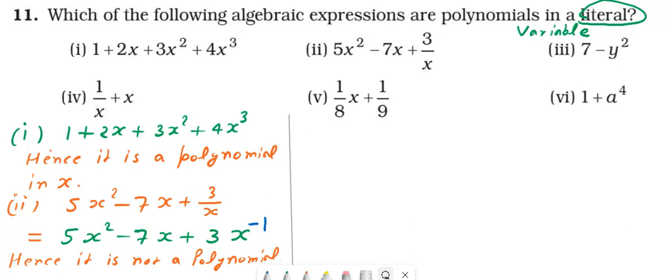Now beta, third part. Third part is 7 minus y square. Here, the power of variable y is a whole number. Hence, it is a polynomial.